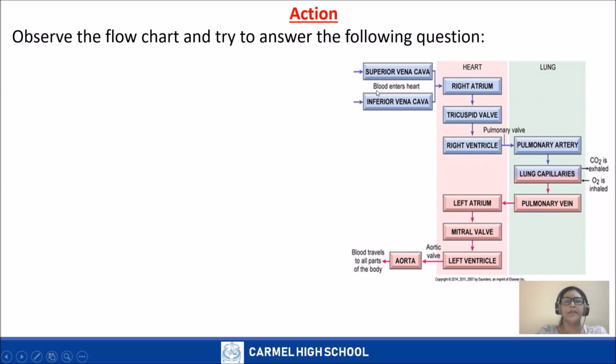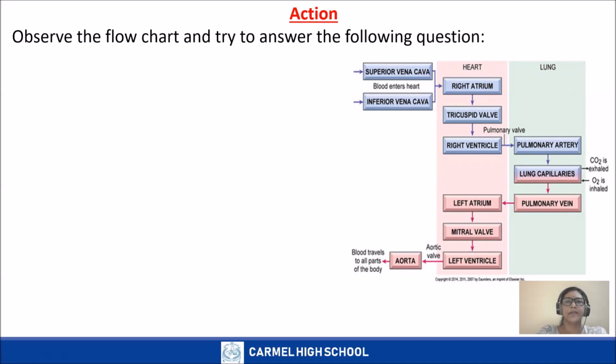You remember, from different parts of the body through the superior vena cava and inferior vena cava, what type of blood is carried to the right side of the heart, that is the right atrium? Yeah, correct. Deoxygenated blood from the topmost region of the body, that is the top part above the chest region.